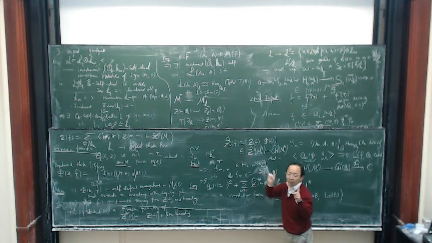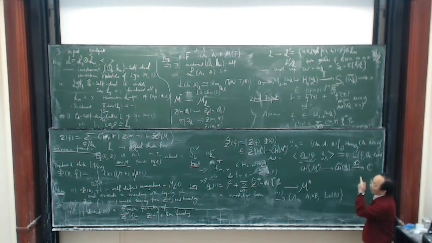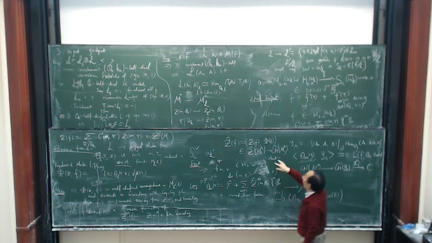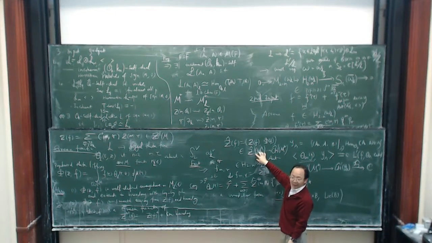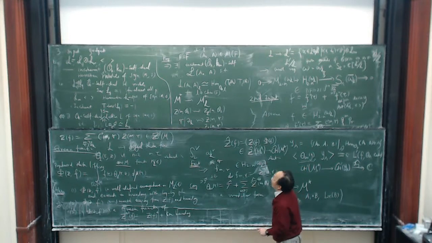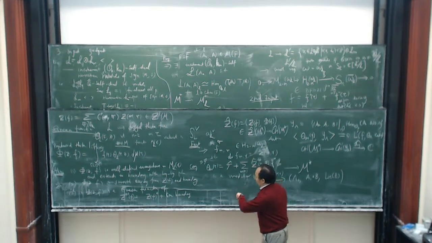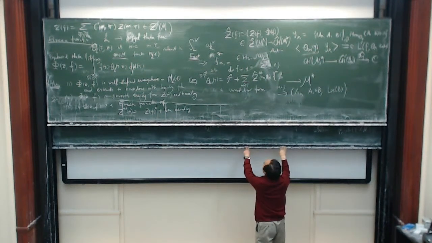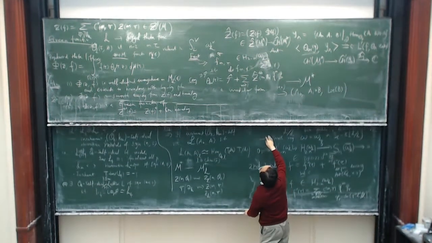So I have given you two inputs. One input is the script L. Second is the modular harmonic mass forms. From that we produce an arithmetic divisor. Honestly a divisor, no cheating there. And third is to produce the special points.